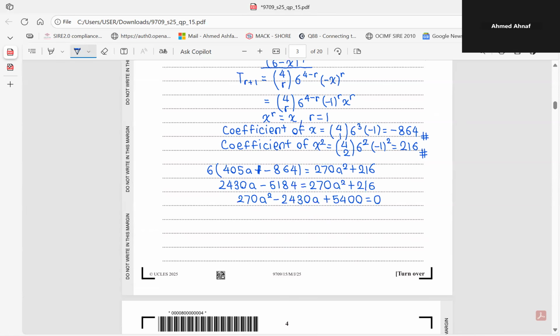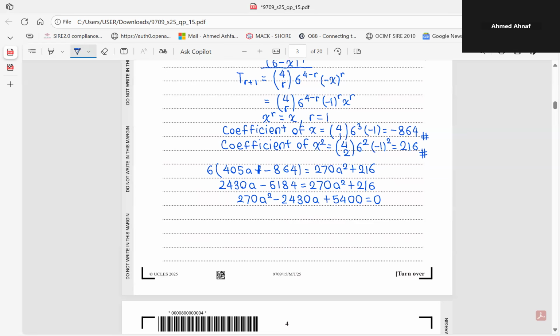Okay, I think we can divide by 90. Let's divide by 270.